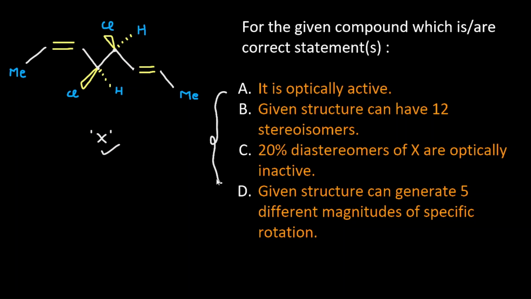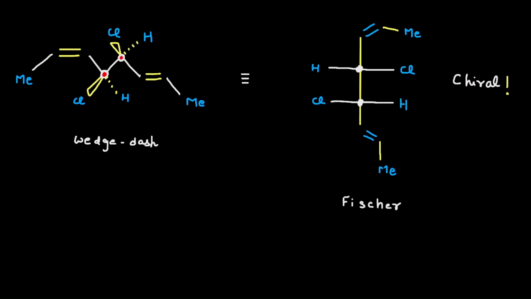Now, before we proceed to judge the options, let us study the structure in a more detailed manner, and in this course we will draw its Fisher projection as well. Once you try to draw the Fisher's projection of this three-dimensional formula, you assess that this compound firstly has got two chiral centers.